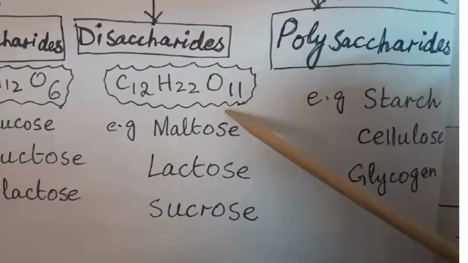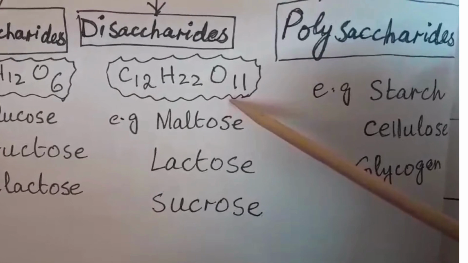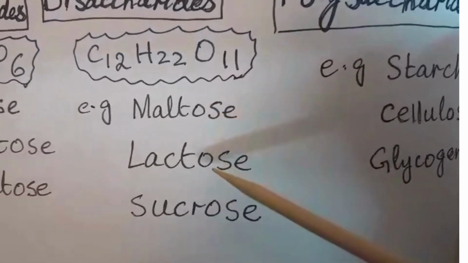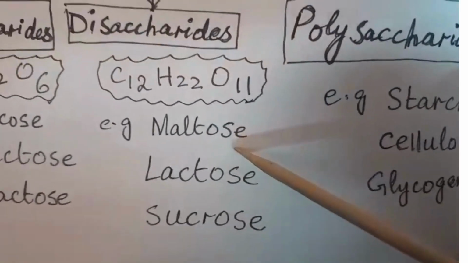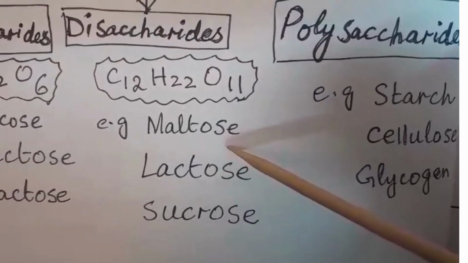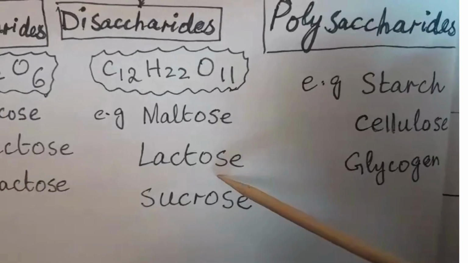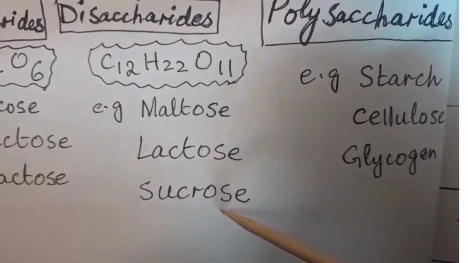Similarly, they also have different structural formulas but the same molecular formula. Their names are maltose, lactose, sucrose. Maltose is the complex sugar of plants. Lactose is the complex sugar of milk, and sucrose is the complex sugar in fruits.